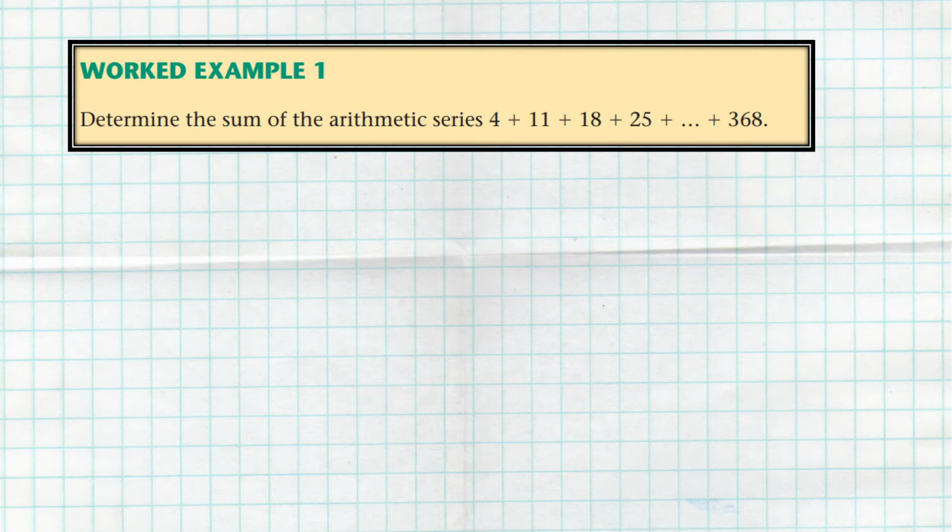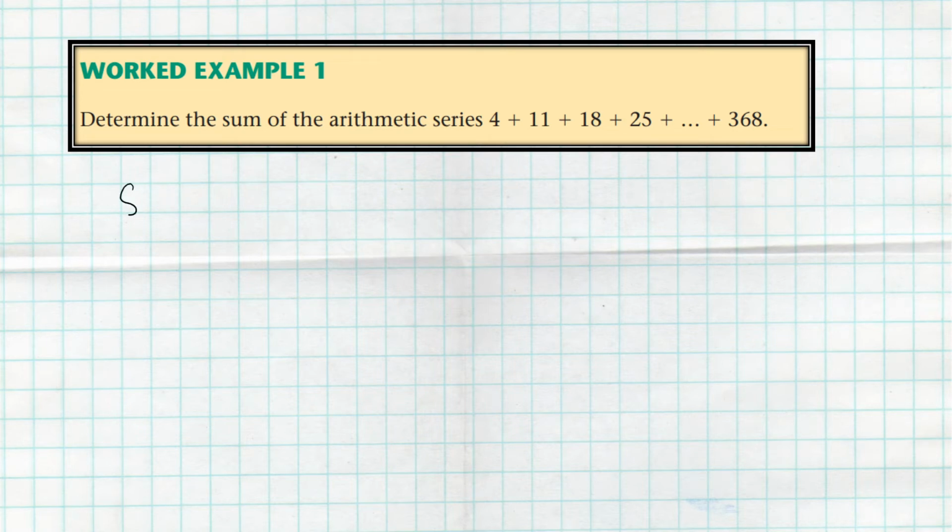let's quickly look at worked example one and see how that formula can help us in calculating. The question says determine the sum of an arithmetic series. You are given 4 plus 11 plus 18 plus 25, and so on, up until 368.